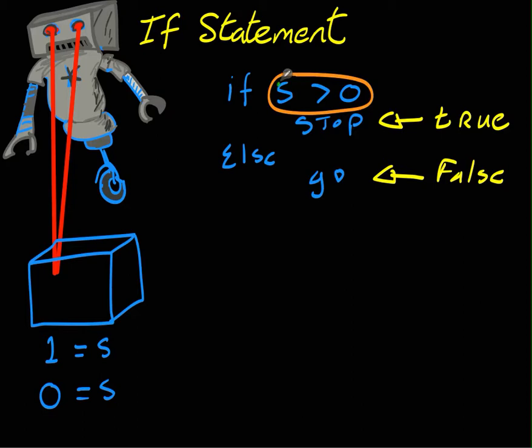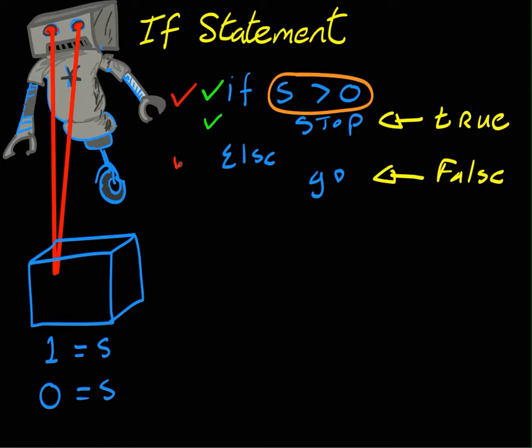So in one instance of this program running, it could say I've executed this statement. It turns out that statement was true, then it would execute this statement. The next time through the program, something different might happen. It may say, okay, I will test the condition for s, so is s greater than 0? So yes it is, and then we would have done this, but in this case it's false. So there's no boxes and the sensor isn't seeing anything.